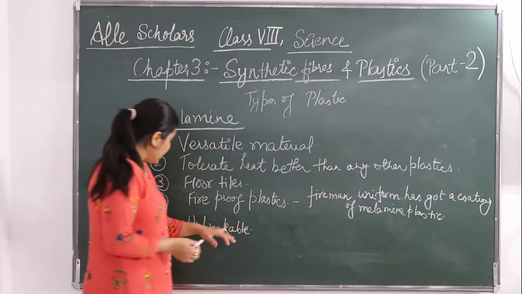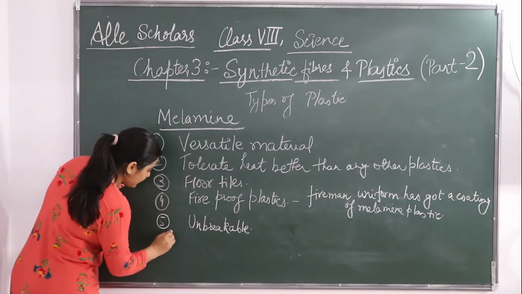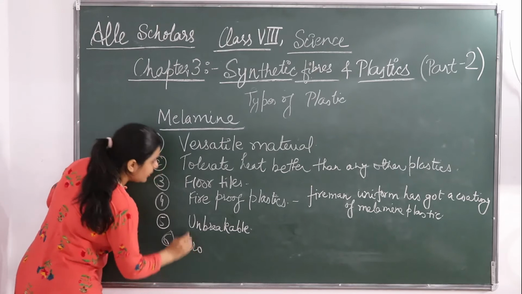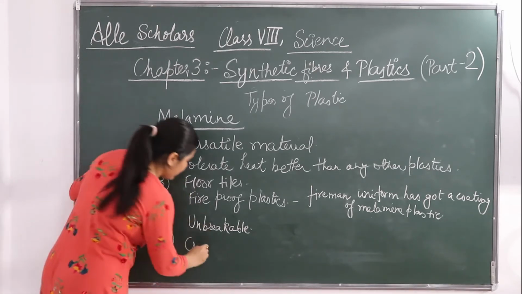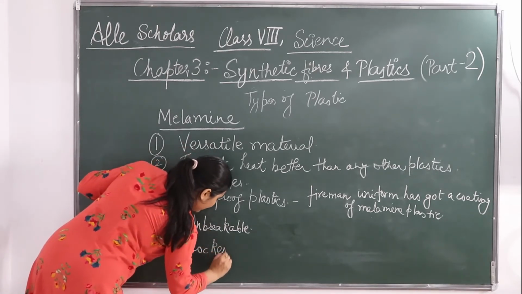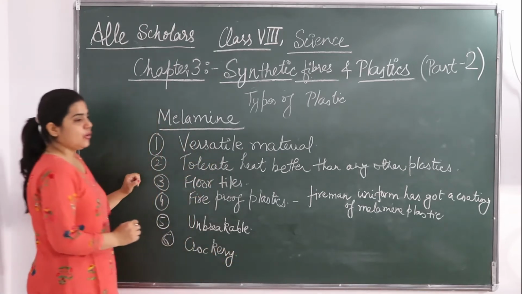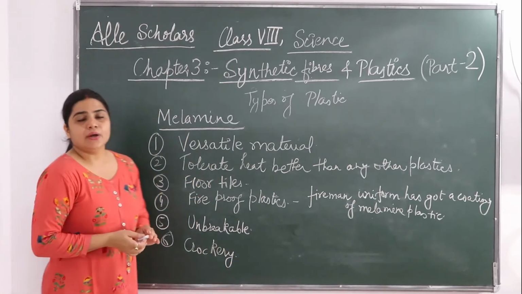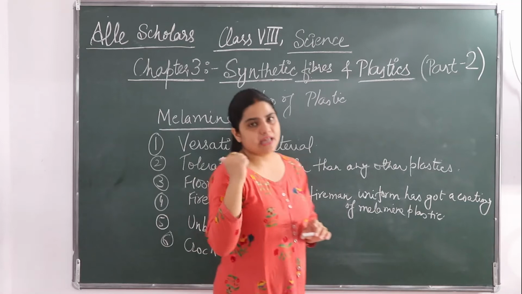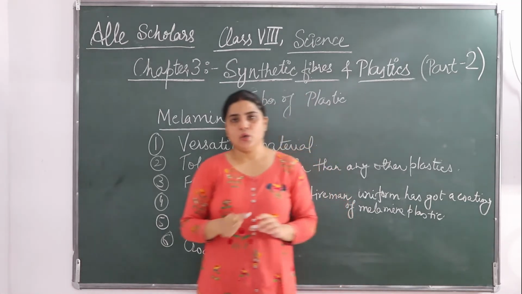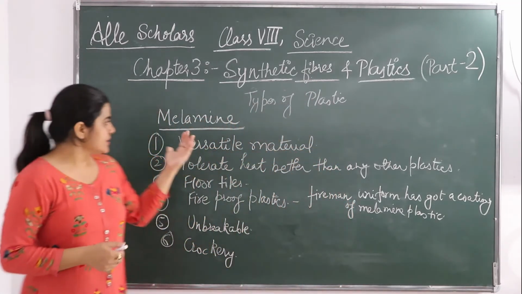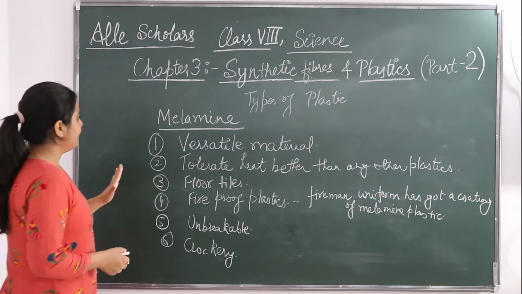So it's unbreakable. Most of the crockeries are made up of melamine. You must have heard your mother saying melamine crockery. So most of the crockeries that hold hot liquid dishes are made up of melamine. Okay, so this was about melamine.